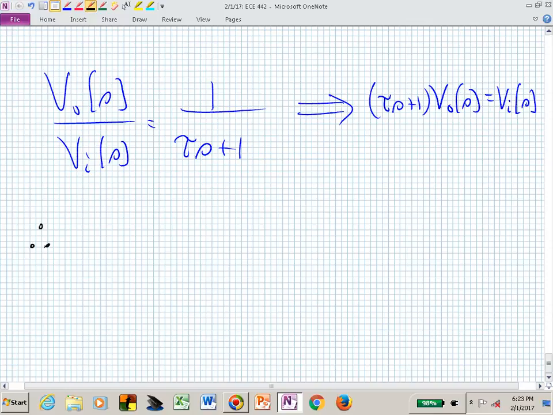We're just inverse Laplace transforming that expression, where we now have tau v naught prime of t plus the inverse Laplace transform of capital V naught of s, which is just v naught of t, equaling the inverse Laplace transform of capital V sub I, which is v sub I of t.